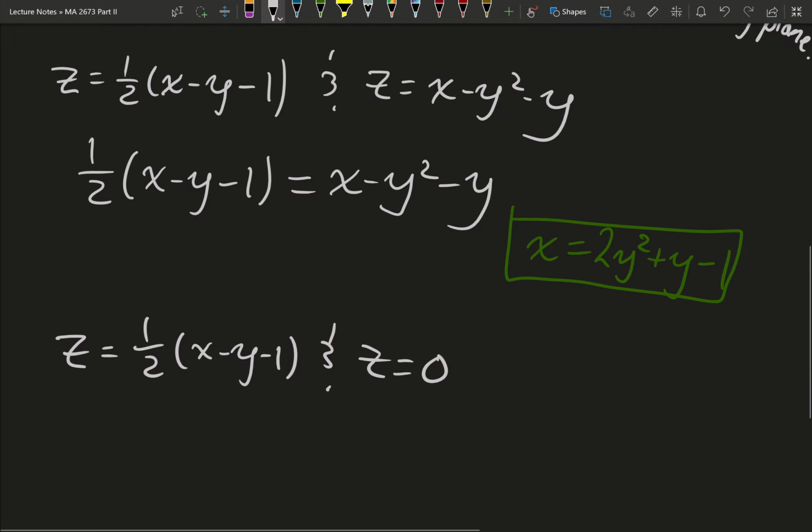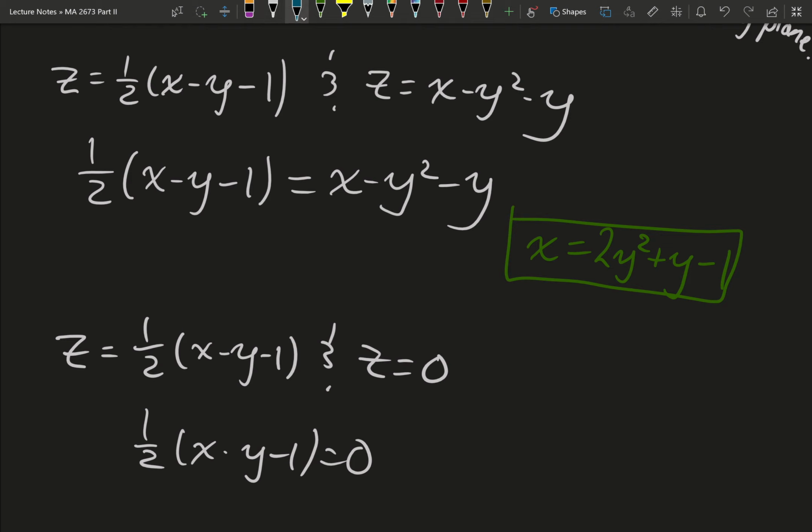For the next curve, we have this one and z equals 0, so that's pretty easy. And here we're going to end up with x equals y plus 1.